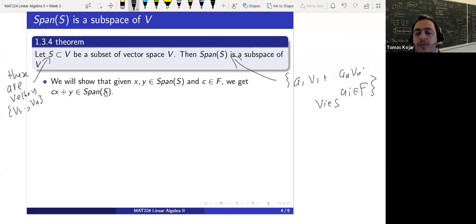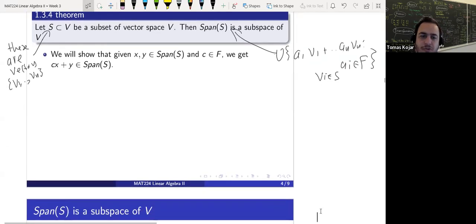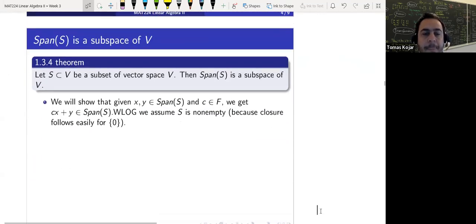So you take all possible combinations. Here it suffices to show closure, and that will show subspace.